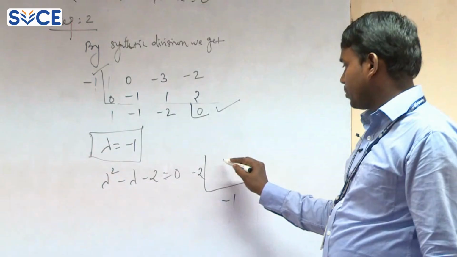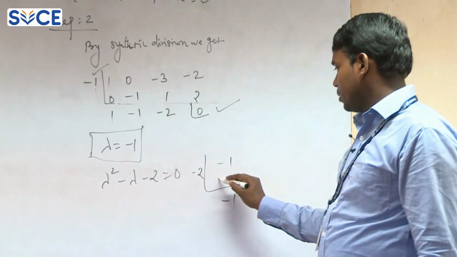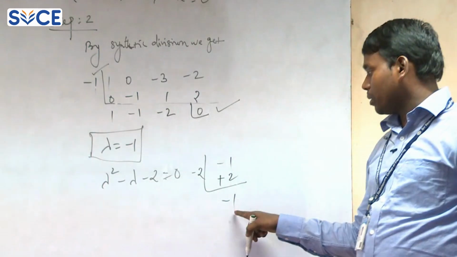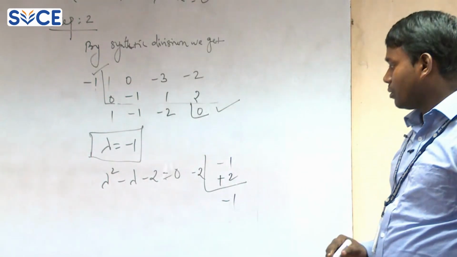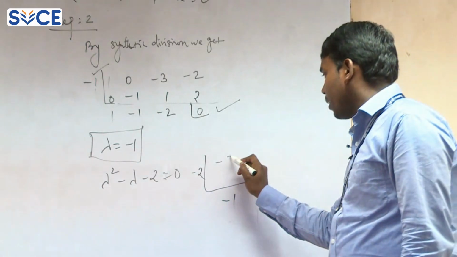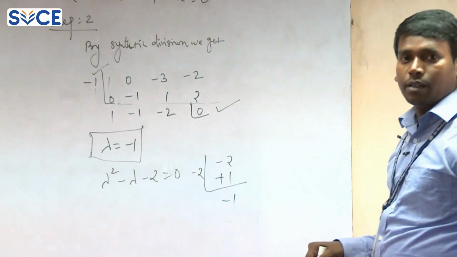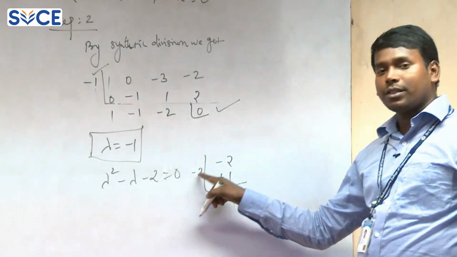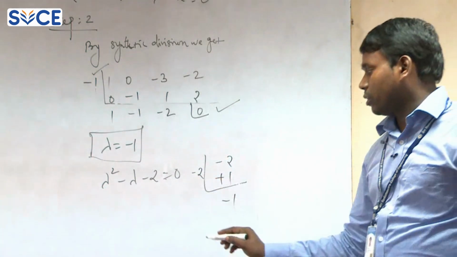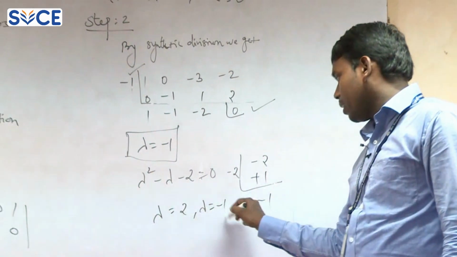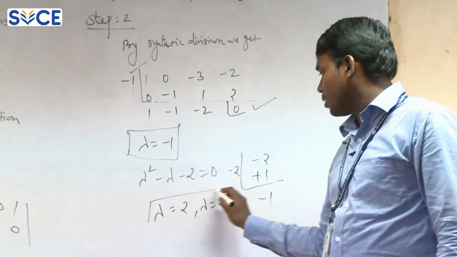So, the numbers are minus 1 plus 2, minus 1 plus 2 becomes plus 1, no, it is wrong, change the sign. So, minus 2 plus 1 is minus 1, and the multiplication minus into plus is minus 2. So, therefore, the answer is lambda equal to 2 and lambda equal to minus 1, with opposite signs.